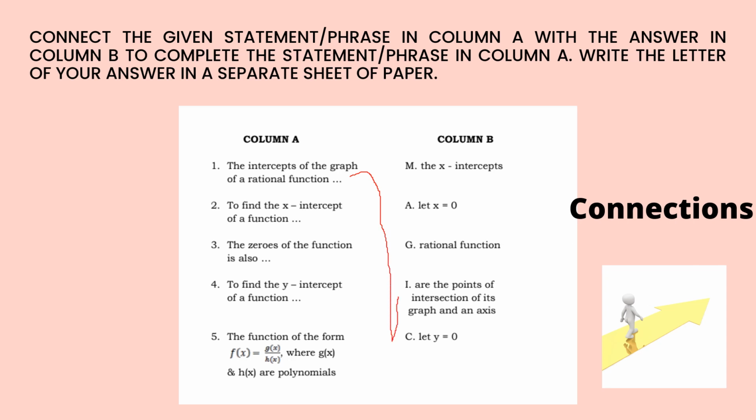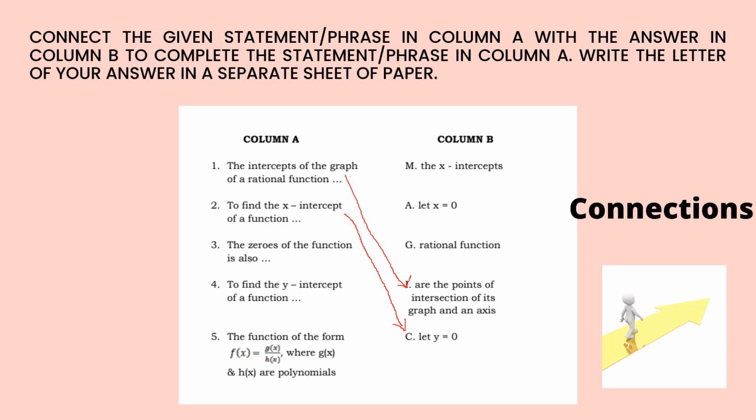I'm sorry. Our answer here is letter I. Next, number 2. Find the x-intercept of a function. How are you going to find the x-intercept of a function? Okay, so we let y be equal to 0.